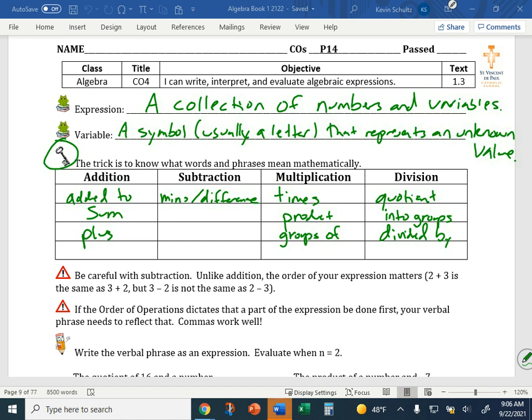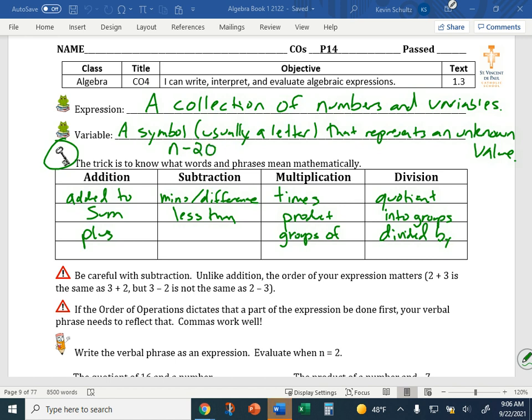But I want to go back to subtraction here because this one can be a little bit tricky. The phrase less than is one that can easily trip you up when it's used in a verbal statement. If I say, a number less than 20, you might hear that and think n minus 20.